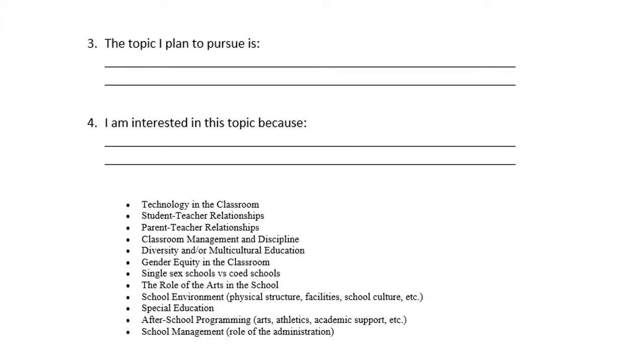This might be a good one if you have a single-sex school to observe and not such a good one if you don't. The role of the arts in the school, school environment, special ed, after-school programming, school management. These are only a few. You could think of others as long as they're directly related to educational topics. It should be fine.